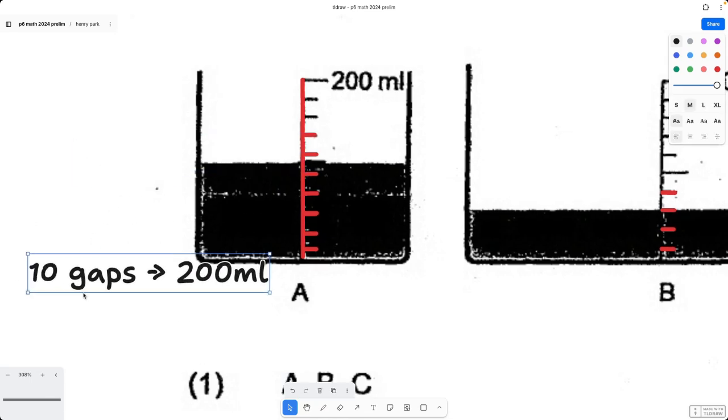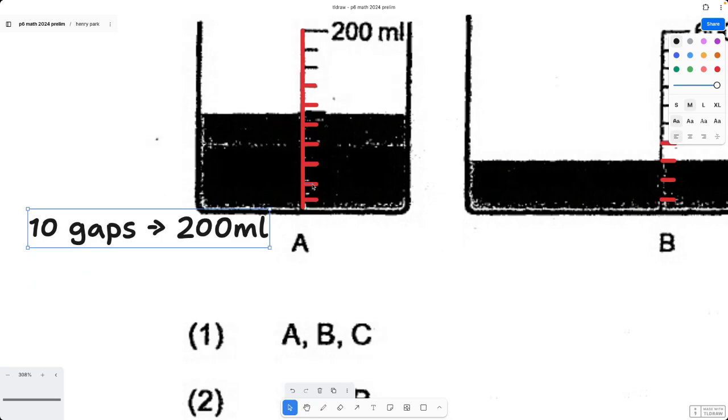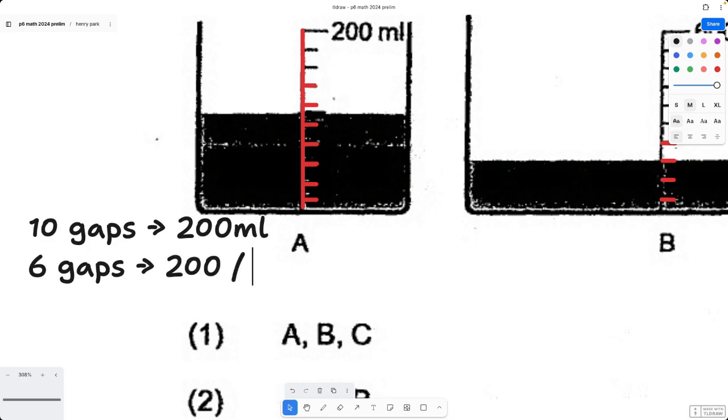And then for this we have 1, 2, 3, 4, 5, roughly around 6. So roughly 6 gaps, so 200 divided by 10 times 6. So it's 20 times 6, 120 ml, roughly around there.